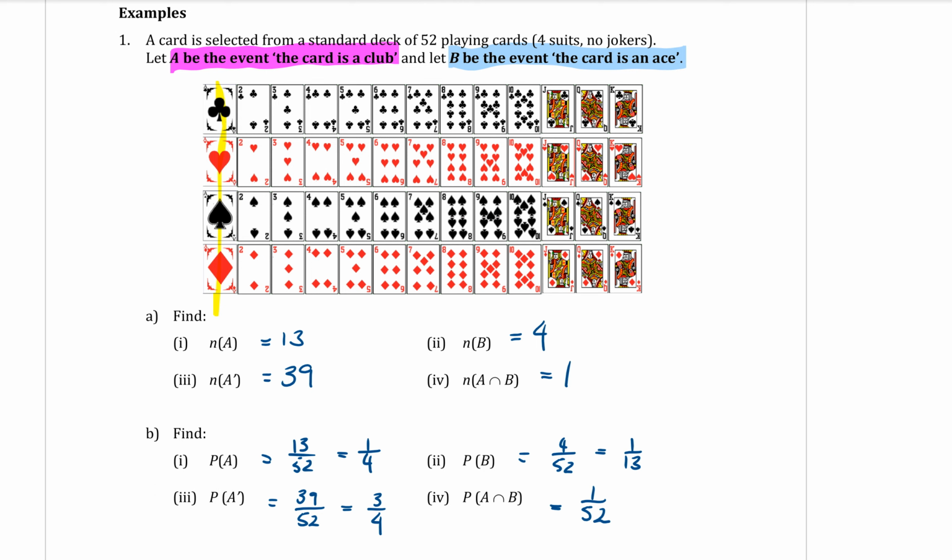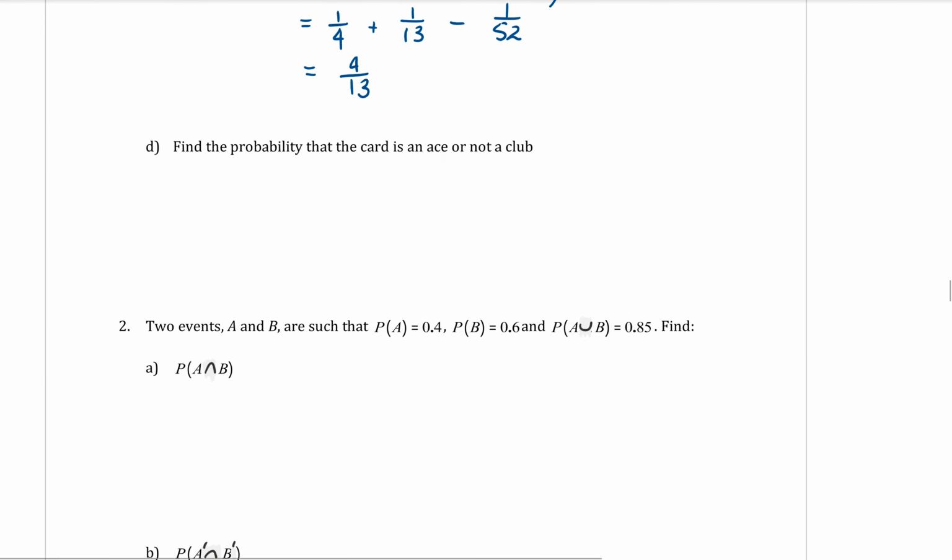Not a club would be these ones. How many cards have I just highlighted? 40 out of 52. Okay, so that's it. It is 40 out of 52, which simplifies to be 10 out of 13.